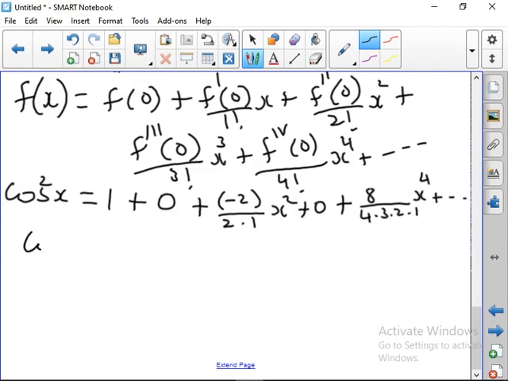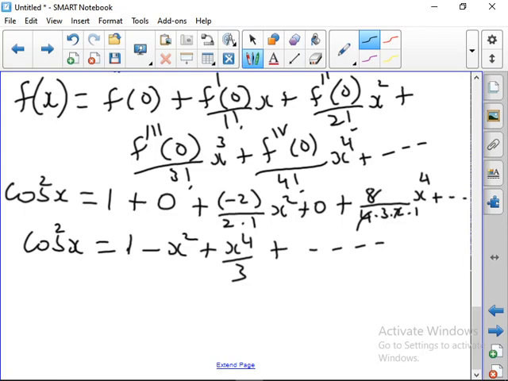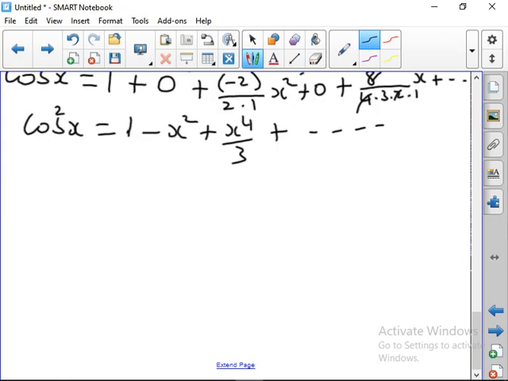So we get cos square x is equal to, 2 gets cancelled, so 1 minus x square. Then here 4 2s are 8, therefore plus x power 4 by 3 plus etc. Okay, so hope you have understood the Maclaurin's series.